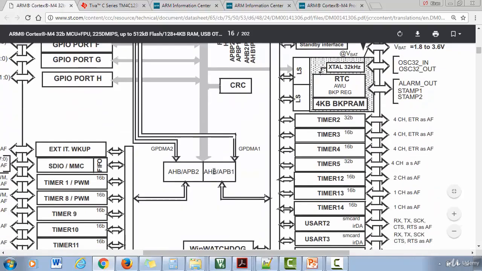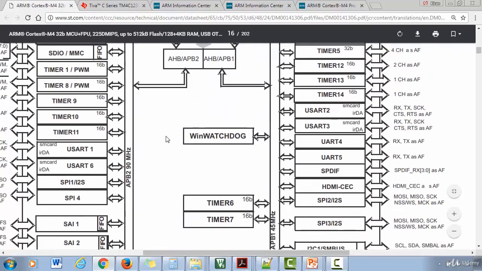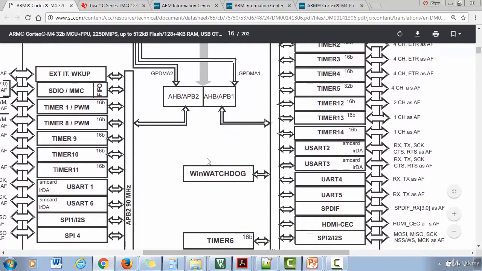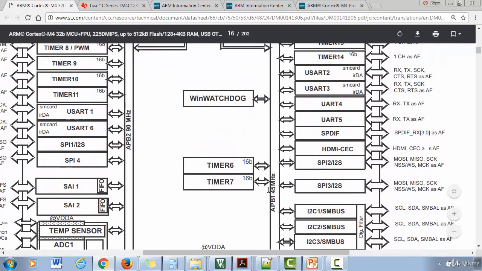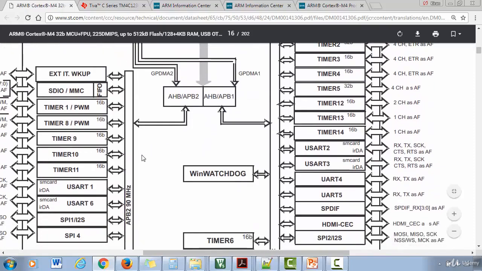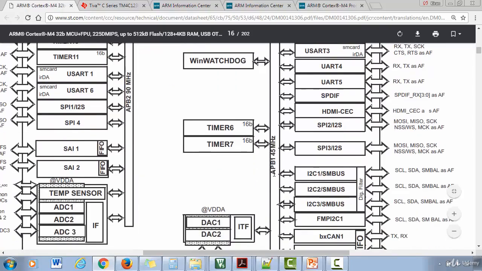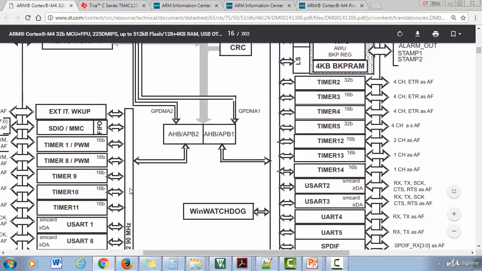But APB, on the other hand, is a slower bus compared to the AHB bus, which will run at the speed of 45 and 90 megahertz in this microcontroller. The maximum speed of the APB2 bus is 90 megahertz, and the maximum speed at which APB1 runs is 45 megahertz. So these APB buses are slower.